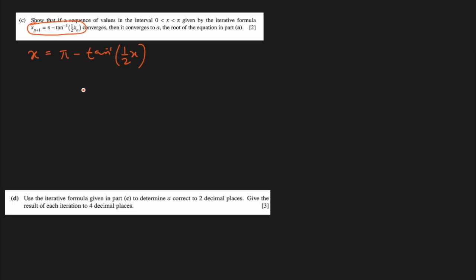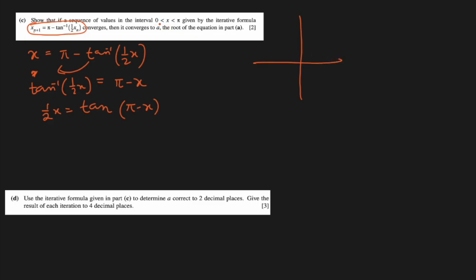So can I write like this? Let me put this tan inverse on the left side. So I'll write tan inverse half x equal to pi minus x, right? So half x becomes tan of pi minus x. Alright, so what does it mean? Let's look at this.